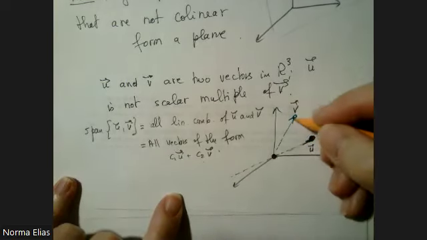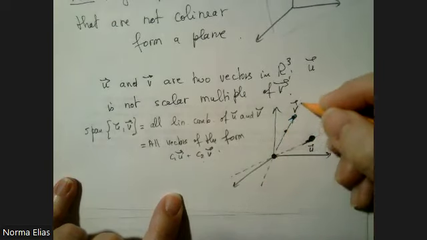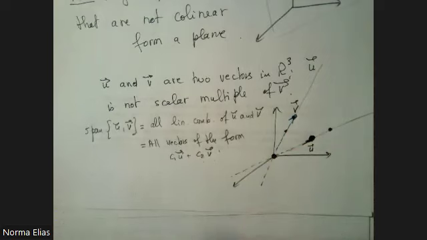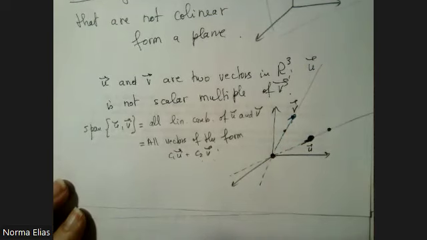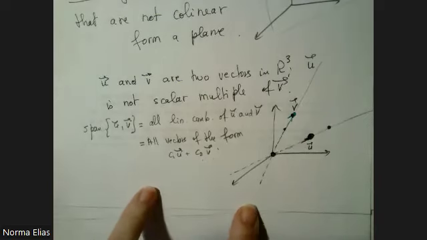And the other thing in the span, V is in the span. Half V is in the span. Everything here is in the span. But what are all those vectors? What are they going to be? It's not R3 at all. So everything in the span is obtained this way. How can I get it?